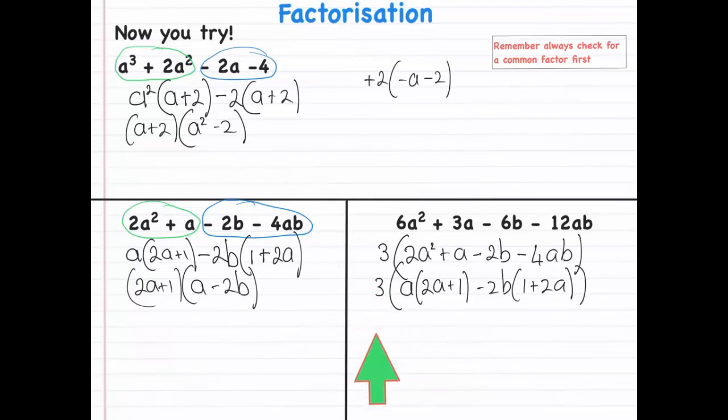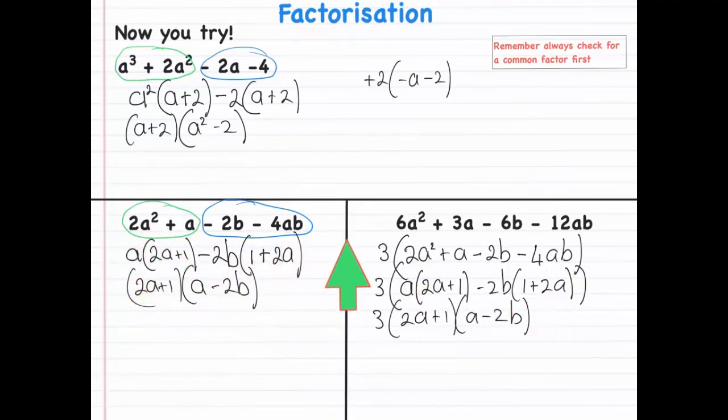You see, I cannot throw it away. So this will become 3, and then we end up with 2a plus 1 and a minus 2b, because what is in that bracket is exactly the same as that sum. Can you see? Okay, so we have to end up with this. We ended up with that because of what was inside the brackets, but don't forget about the common factor.